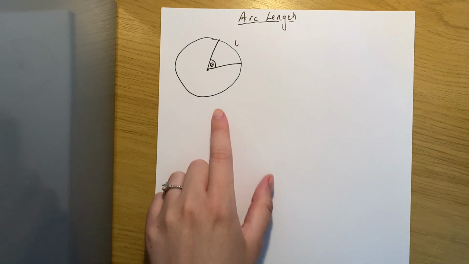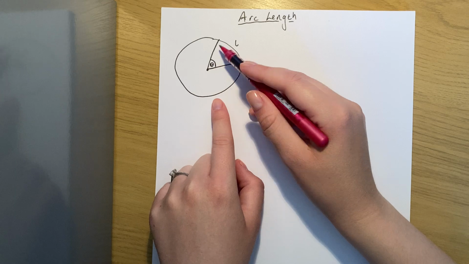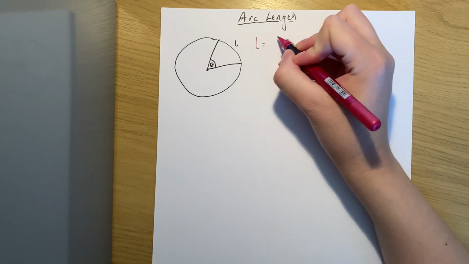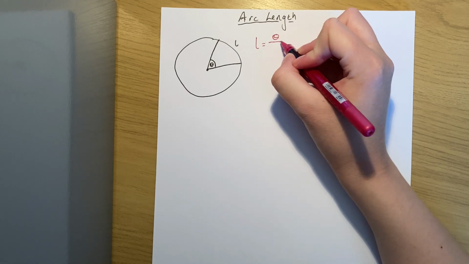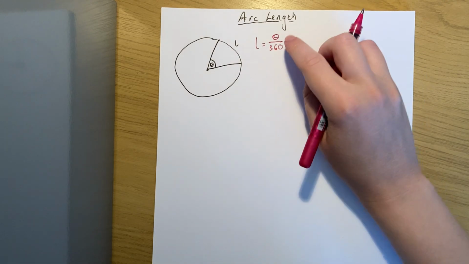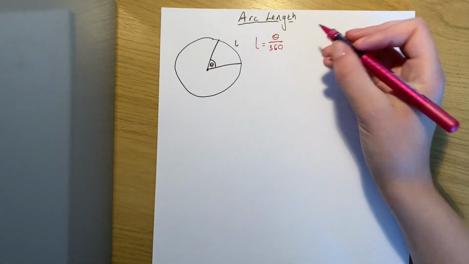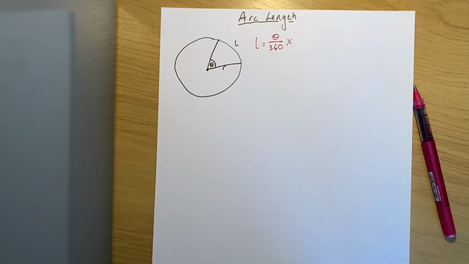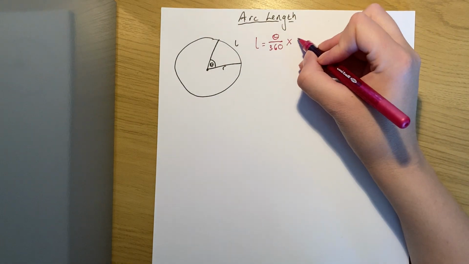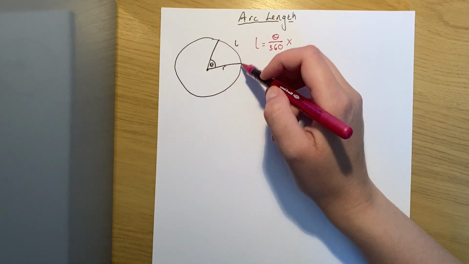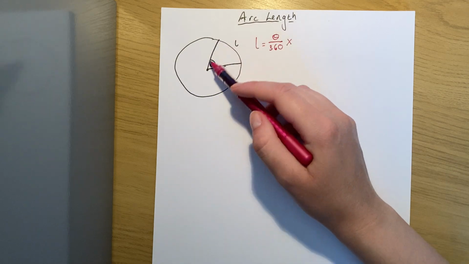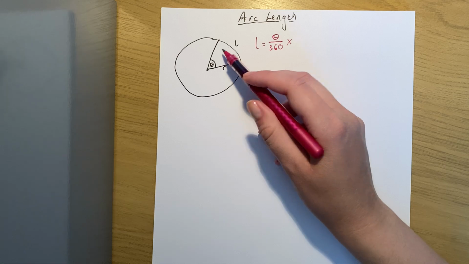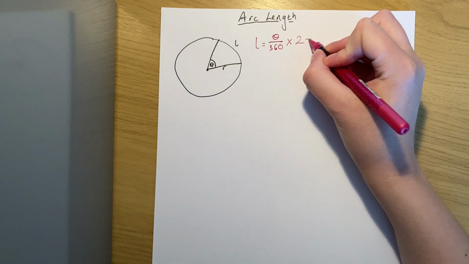So if I knew that this was an angle theta and I wanted to work out the arc length L, I would do theta over 360, because it's that fraction of 360, times by the whole circumference, because whatever this fraction is of 360 degrees will be the same fraction of the circumference.